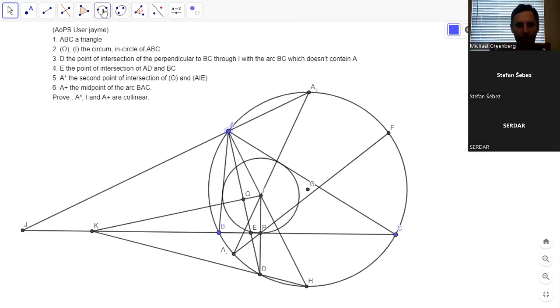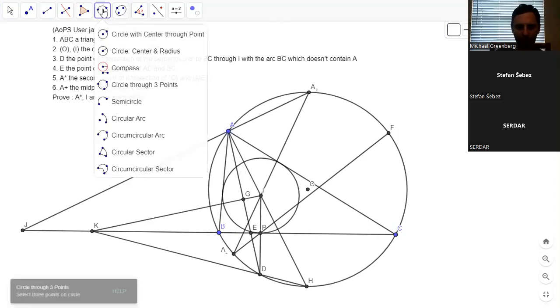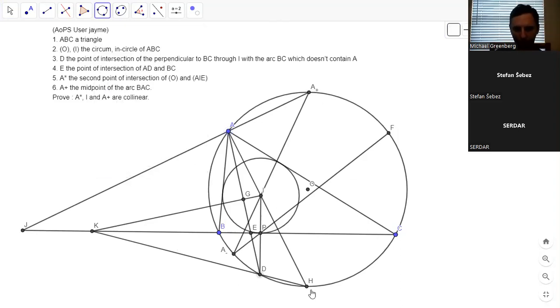So is there another circle through D and H that we can use? It almost looks like that's cyclic.